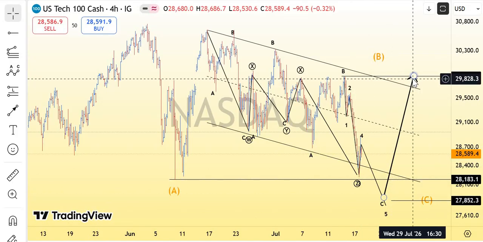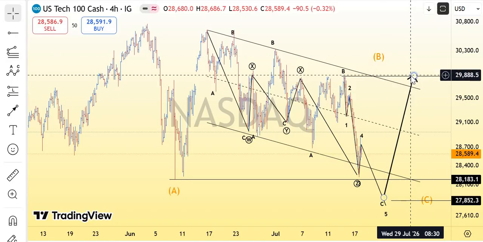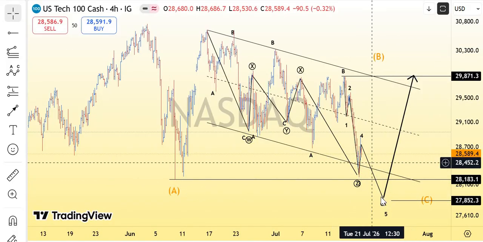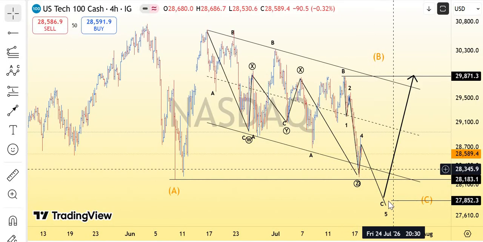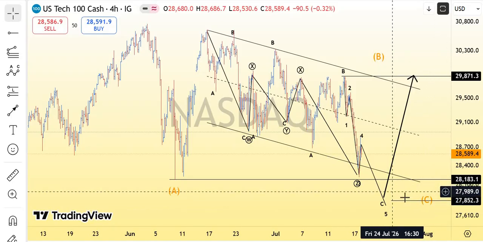I'm not advising you. I am saying that what I could have done or I could be doing, right, to target this up move whenever it comes. So patience is the key here. Wait for the setup in this zone around 27,800 to 27,700 or wherever the price halts.